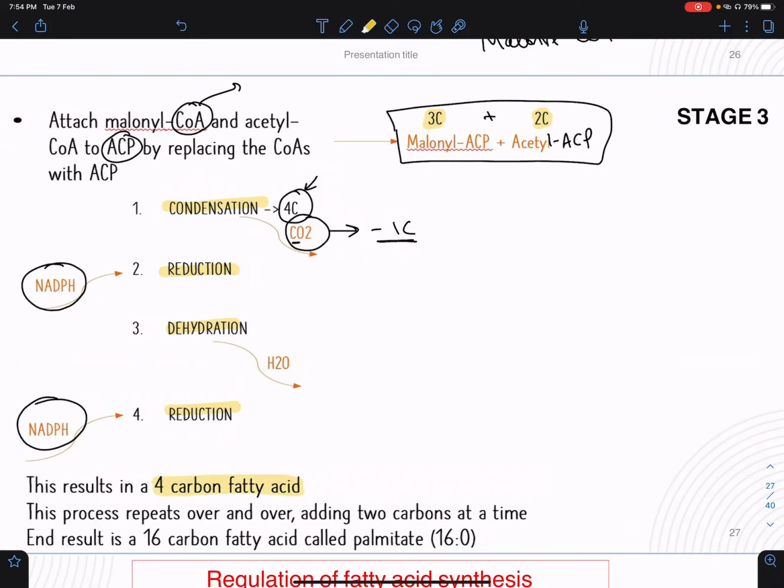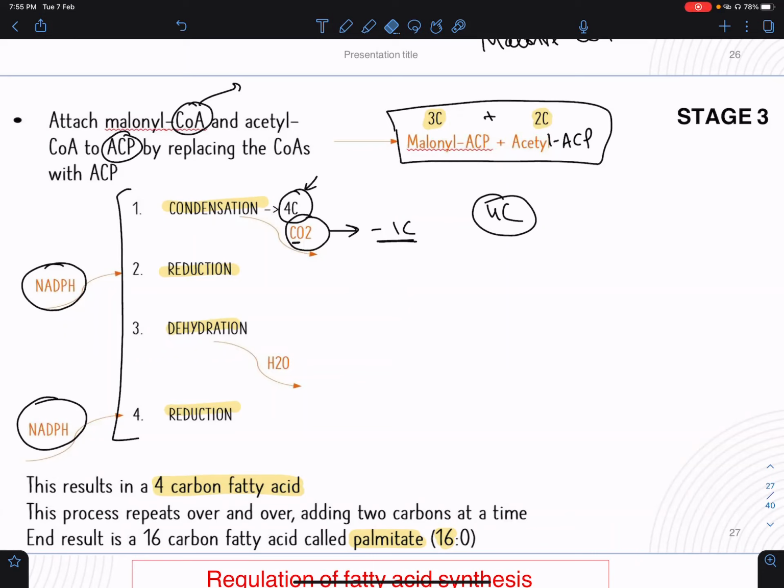What happens is this process repeats over and over again until you get palmitate, which is 16 carbons, okay? So let's say you have your 4-carbon molecule. After 1 round of all of these steps, you now have a 4-carbon molecule. Let's say it undergoes condensation again with the malonyl ACP.